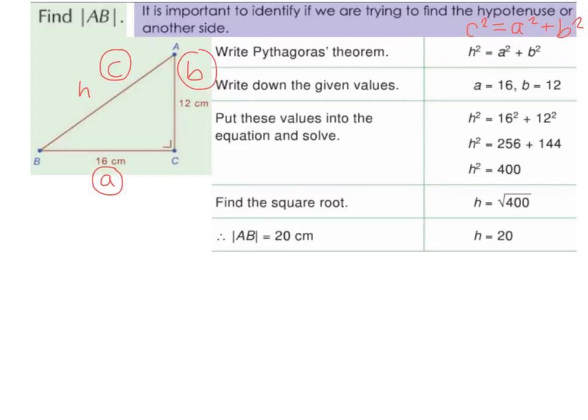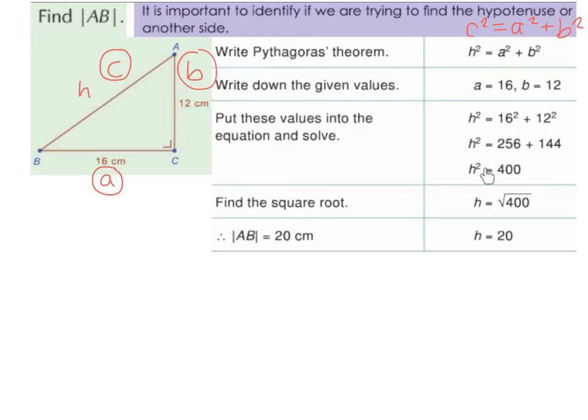So a squared becomes 16 squared and b squared becomes 12 squared. And h squared just stays as it is because we don't know what the value represents yet. So 16 squared is 256 and 12 squared is 144. Add them together to get 400.